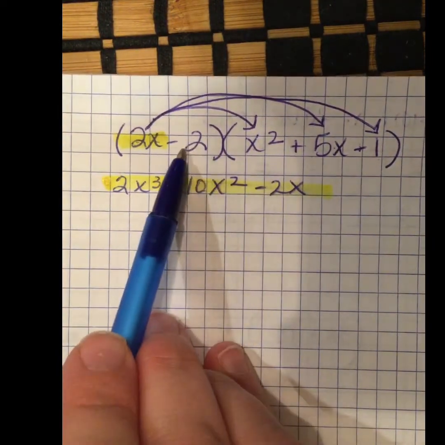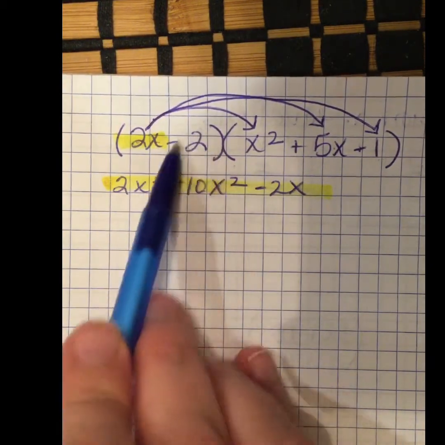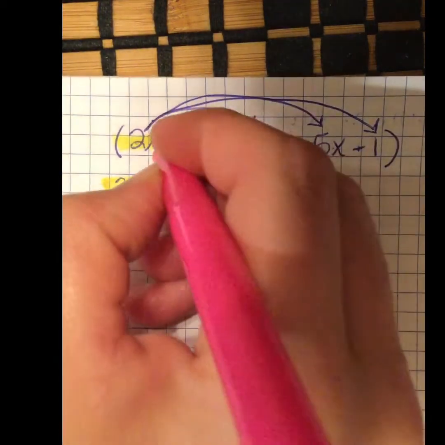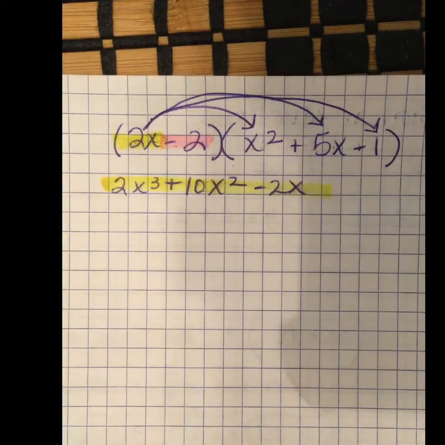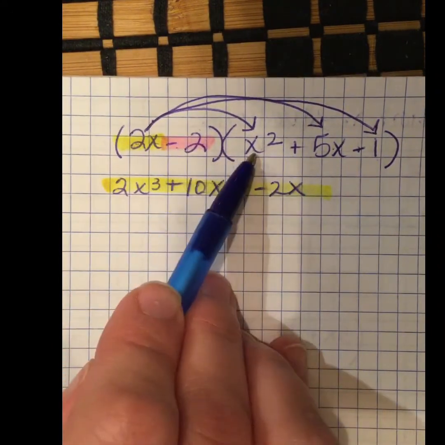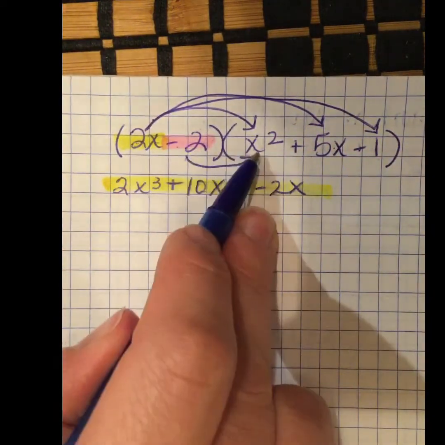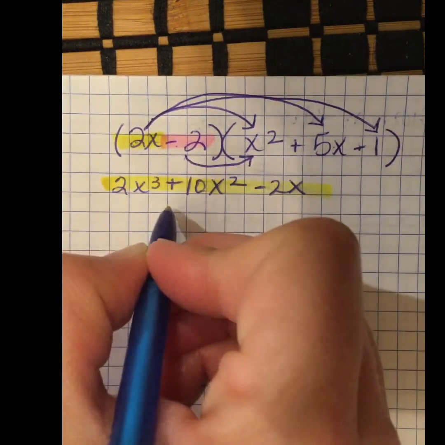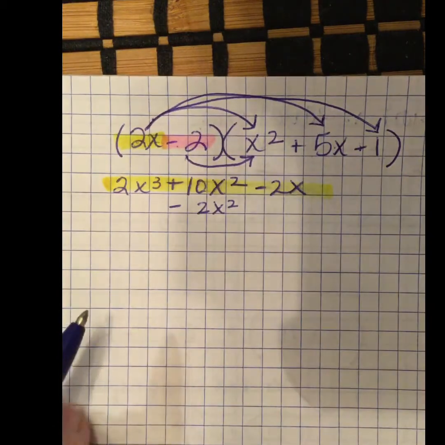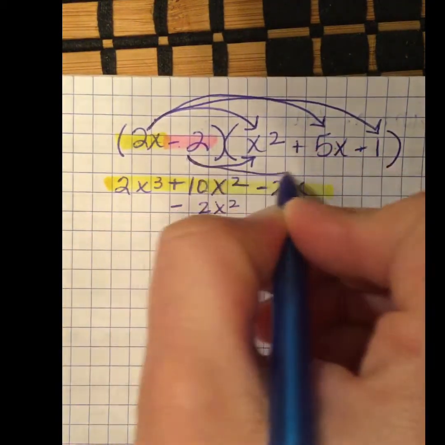Now we have to do the same thing with the negative 2. And in this organization method, I'm actually going to make a second line for my second number, but I'm going to stack it in a way you'll see. Okay, so I'm going to do the negative 2 times the x squared, which would be negative 2x squared. So I'm actually going to stack that right there. And then I'm going to do negative 2 times 5x.